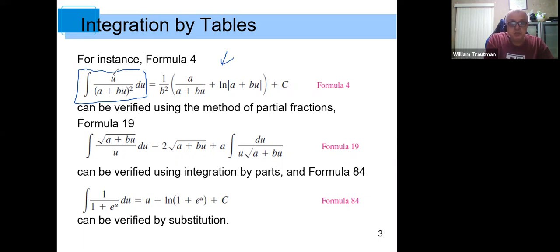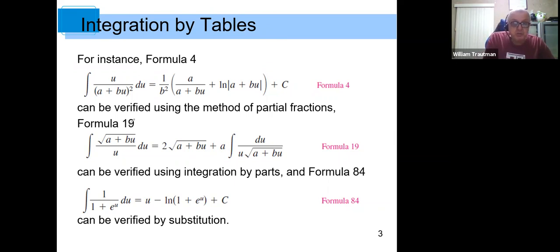So the U's are usually where we have the variables, the X's, B is a constant in front, and A is the constant by itself. If you start with this integration, you just find A, B, and U and plug it in. That's it.